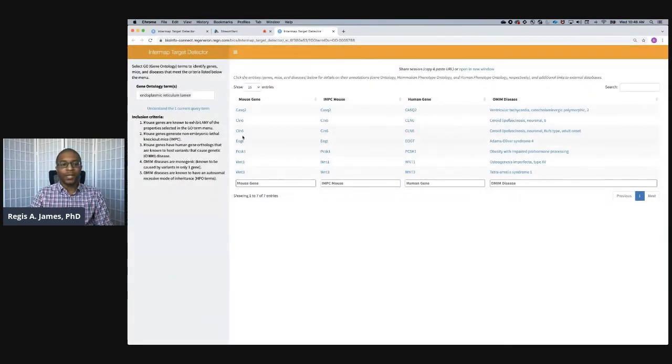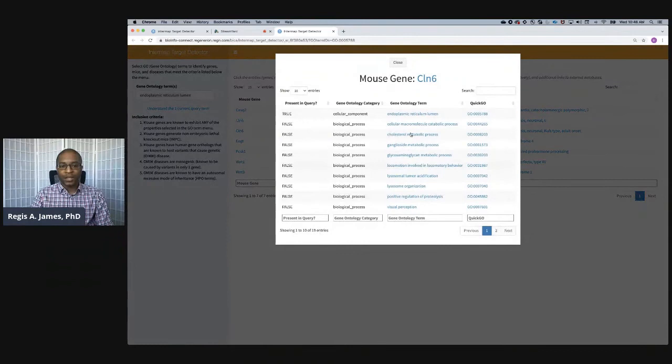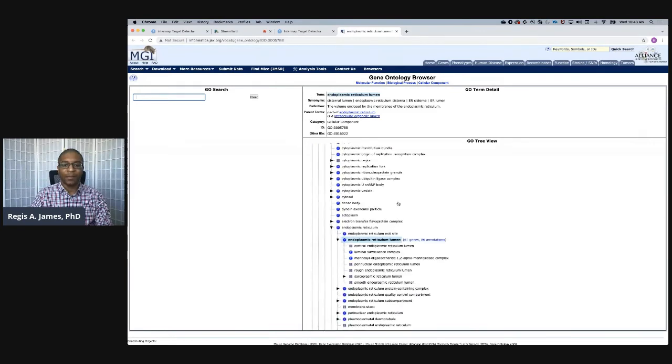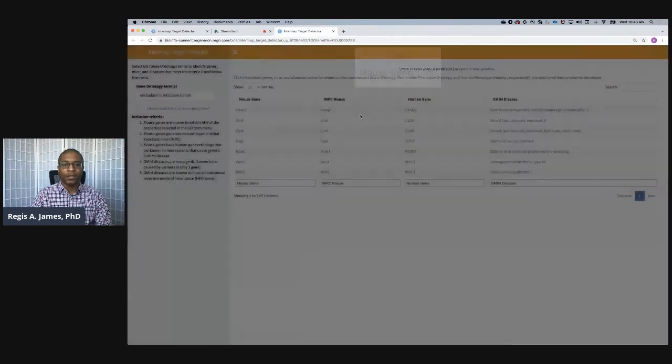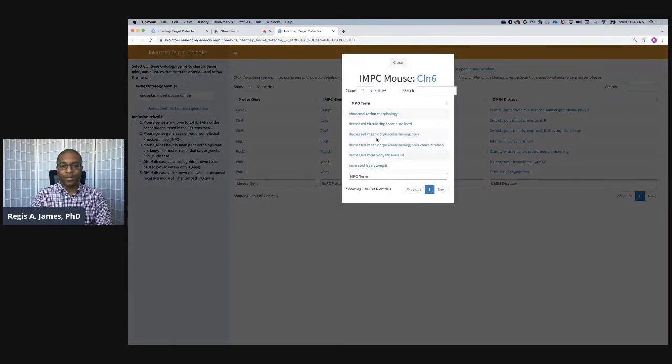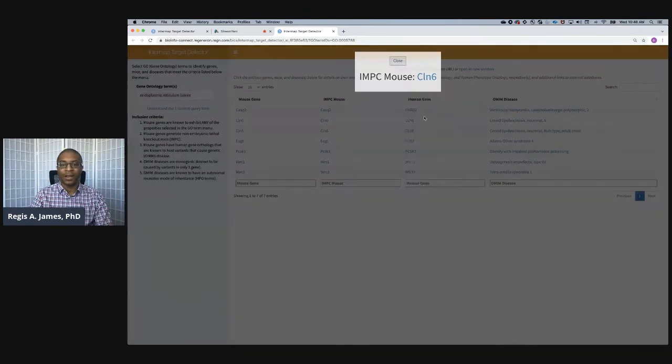You can also see here, in terms of CLN6, other gene ontology annotations to the gene. Okay, let me see, right here. So other gene ontology annotations to this mouse gene, and then you can click them and you can see more information here on the JAX website about this gene ontology term. Similarly, you can see information about which mammalian phenotype ontology terms were observed inside of the CLN6 gene knockout mouse.